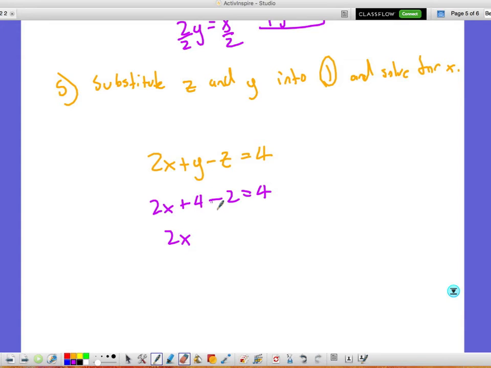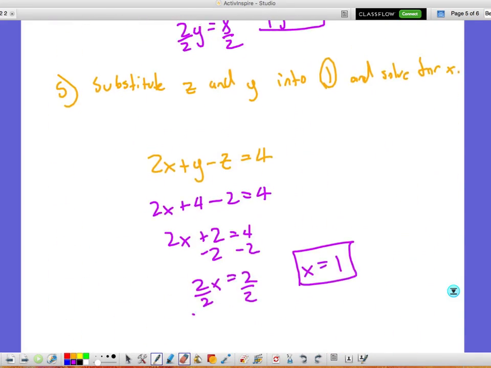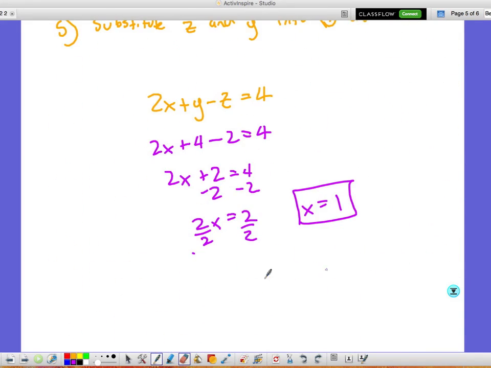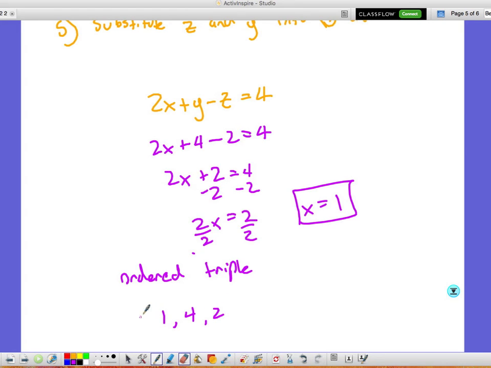Okay, let's go ahead and solve. 2x plus 4 minus 2, which is 2, equals 4. Subtract 2 from both sides, so we have 2x is equal to 4 minus 2, which is 2. Divide both sides by 2, and so x equals 2 divided by 2, which is 1. Finally, we found our ordered triple. So my ordered triple is going to be 1, 4, and 2. There it is.